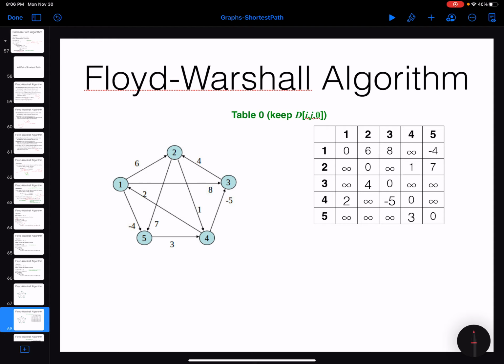You can see that the table has 3 dimensions. That's why I am showing it as 2-dimension tables, but in total you have n number of 2-dimension tables, right? So this is going to be the table of d of i, j, and 0. I have fixed the last dimension to 0.